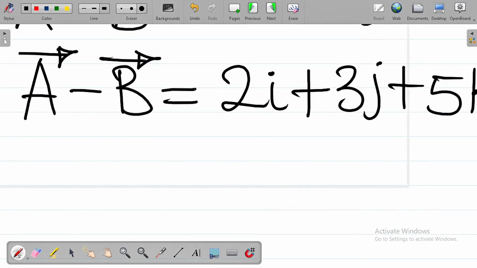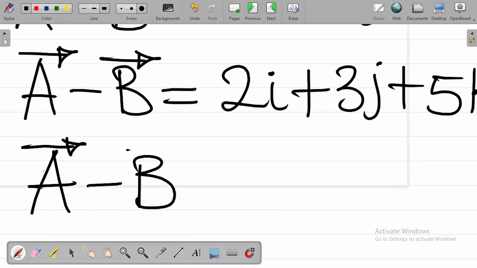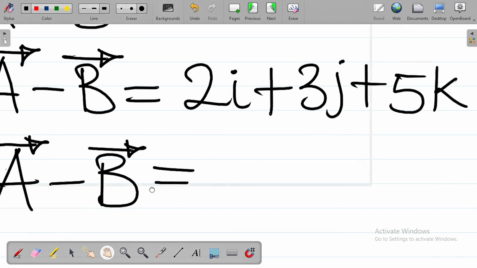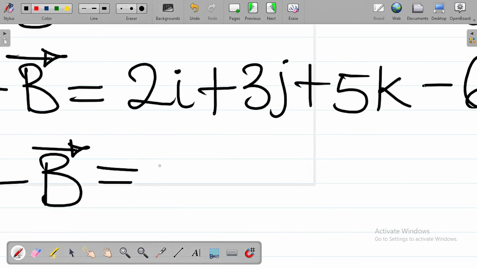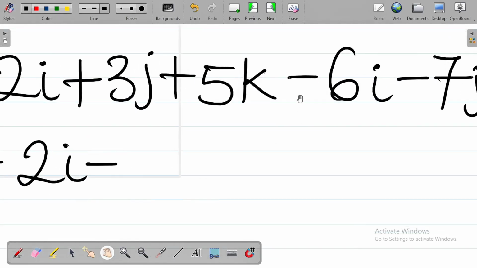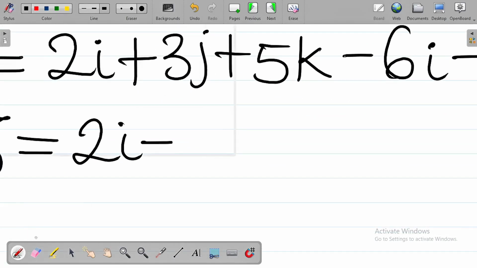All right, our next task is to collect like terms. So we have vector A minus vector B is equal to, so if we collect like terms, we would have 2i minus 6i.